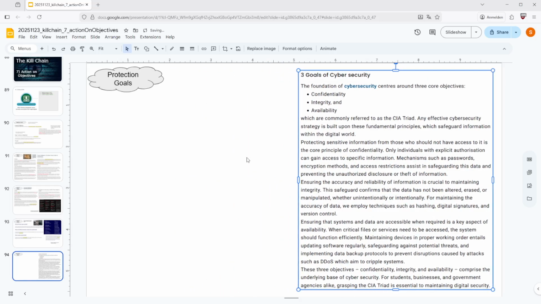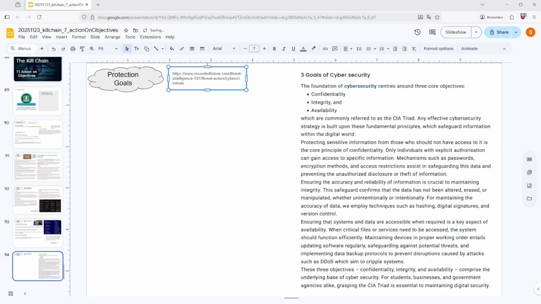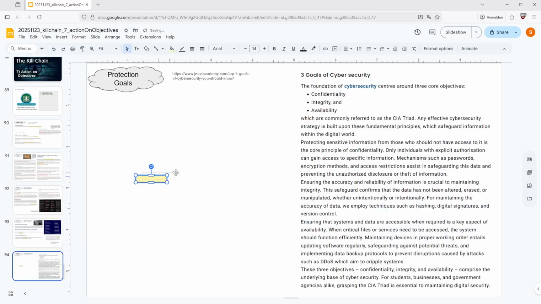Let's put it on the right side as this appears to be convenient. So these are the goals that we have. So let me copy this as well. So when we talk about protection goals, we have these ones here. Confidentiality, integrity, availability.